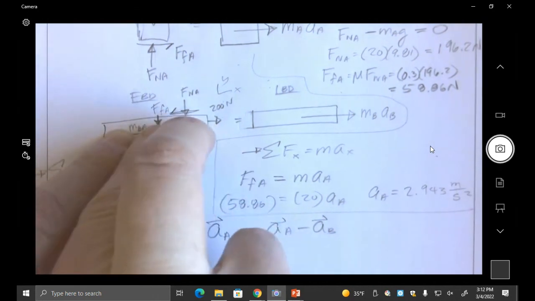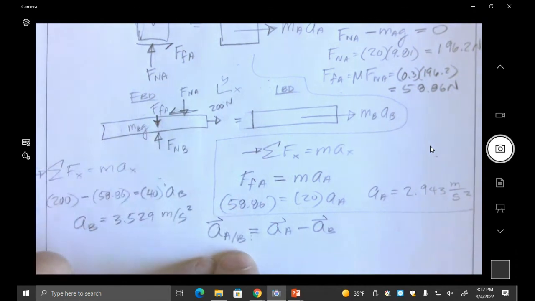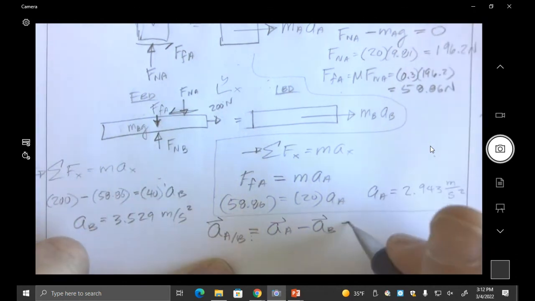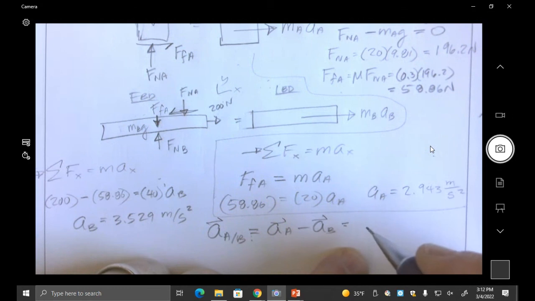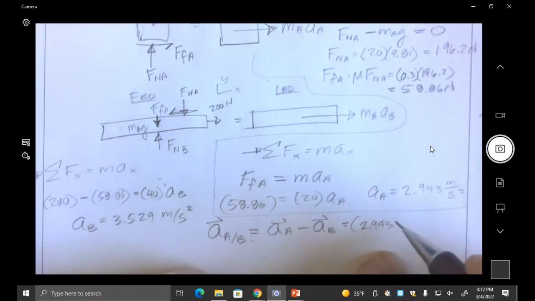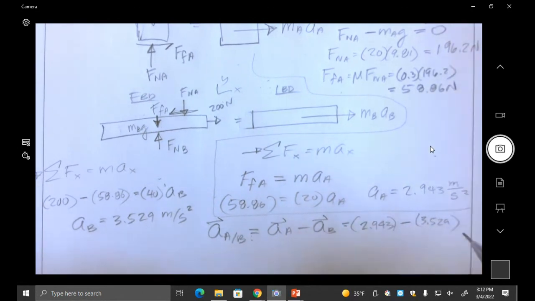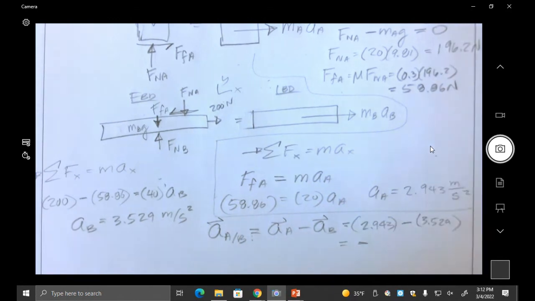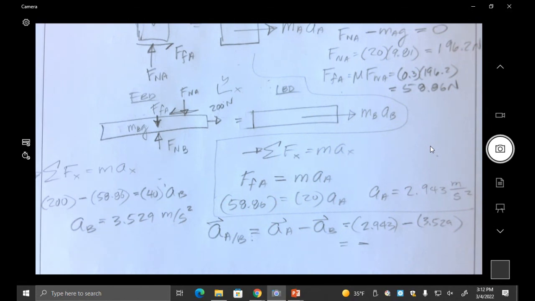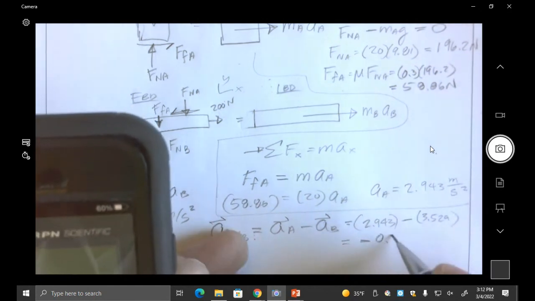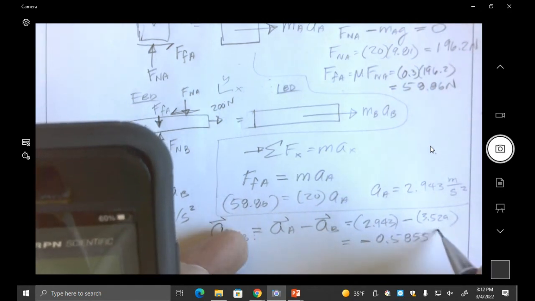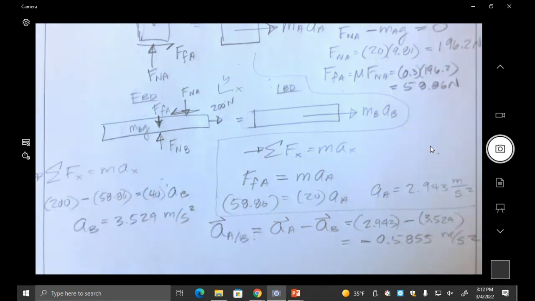So our viewpoint is being on the sled if we're with respect to B. So it's going to be 2.943 minus 3.529. We end up getting a negative number, but that's actually what we anticipate, that it's going to be in the negative direction for us. So we end up with negative 0.5855 meters per second squared.